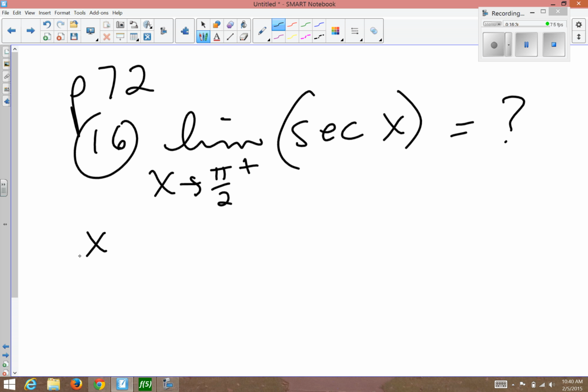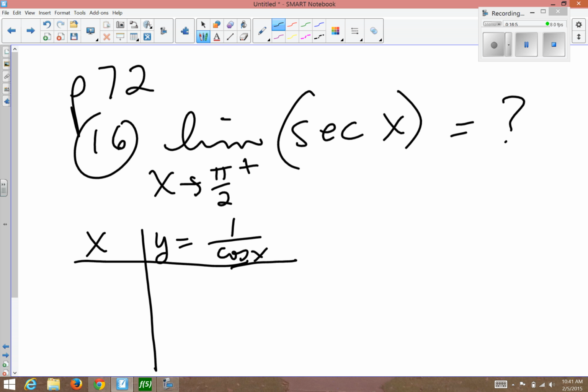So in the calculator, there's no secant button, so we're going to rewrite secant x as 1 divided by the cosine of x. If you just plug in pi over 2, you'll get an error message because the cosine of pi over 2 is 0, 1 divided by 0, error. So be sure your calculator is in radian mode.